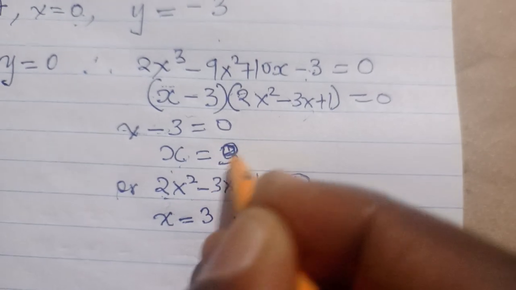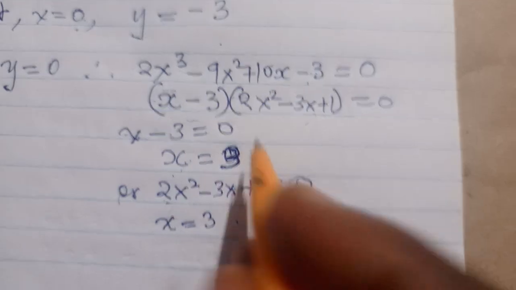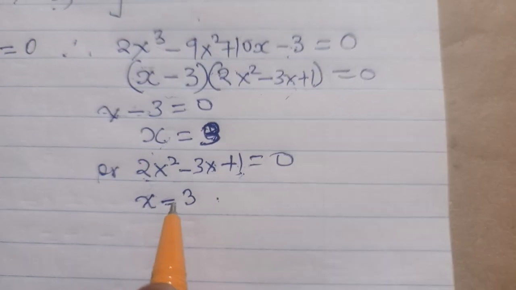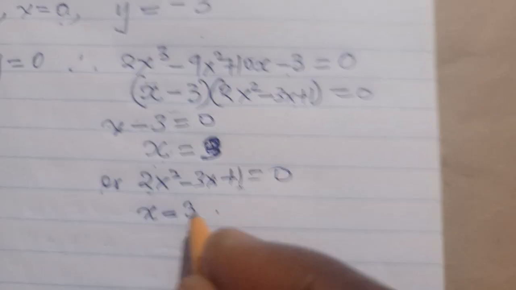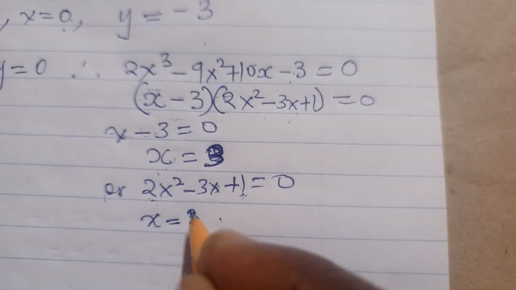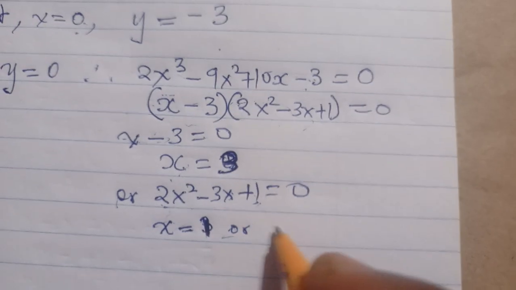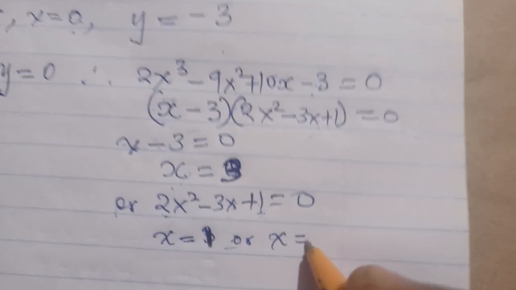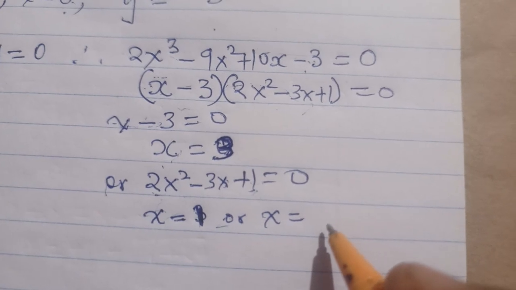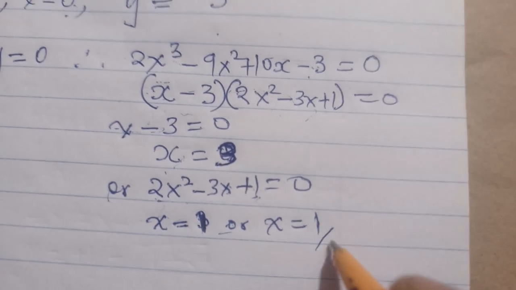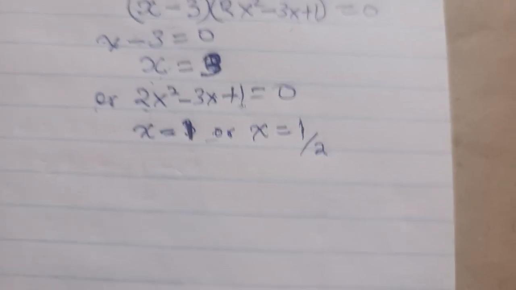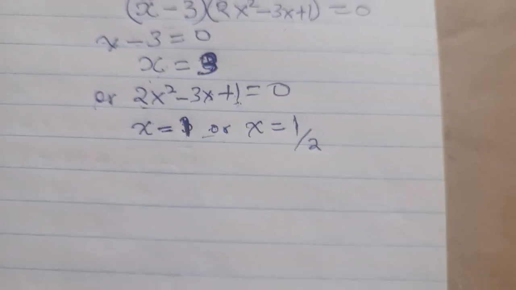Sorry for that mispronunciation. This is not x is equal to 0, it's x is equal to 3. Now when you solve the other equation, you'll have x is equal to 1 or x is equal to a half.